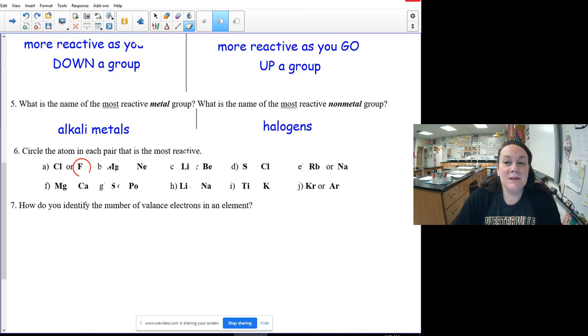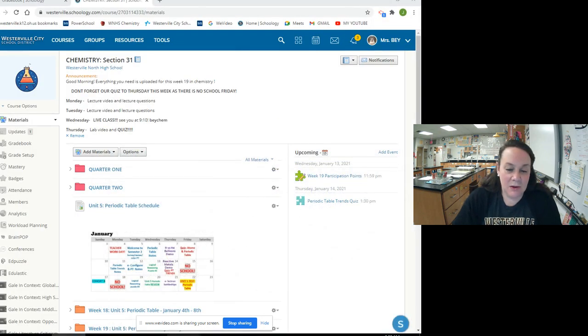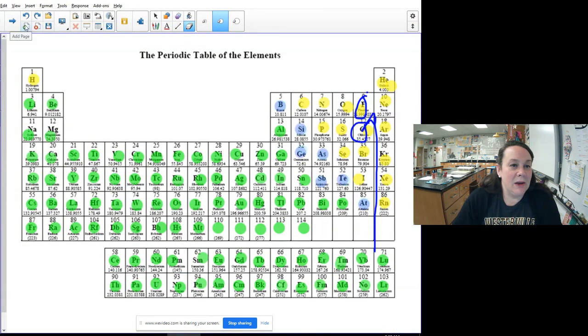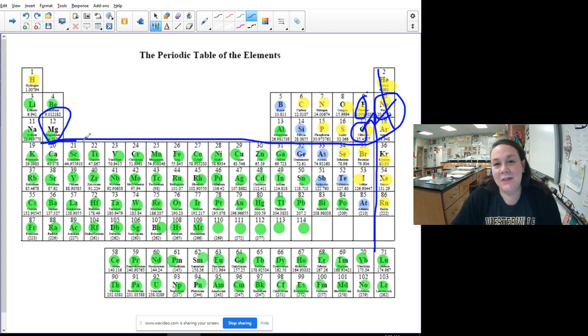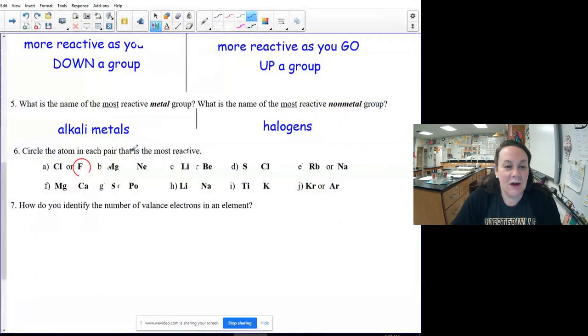How about magnesium and neon? Maybe that one's trying to be tricky. Magnesium and neon. Magnesium is here. Neon is over here. How are we even going to compare those? That's just trying to be rude because neon never reacts. So anything is more reactive than neon. So let's have you guys do magnesium.